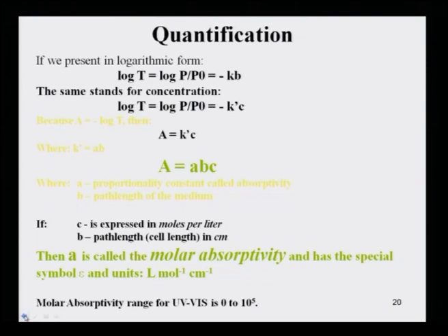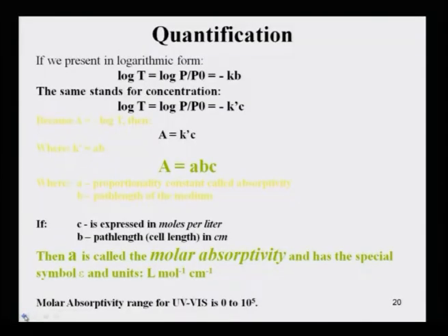Now, what are these a, b and c? The small a is the proportionality constant of absorption, and b is the path length of the medium. Path length, that means how much light is being shone through, is also very important. C is expressed in moles per liter, and path length or cell length is expressed in centimeter.